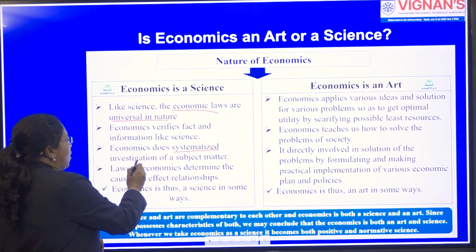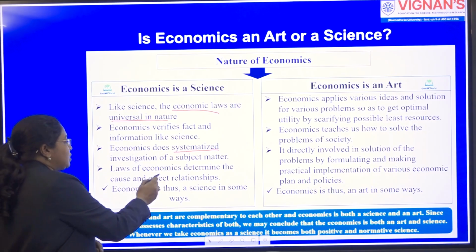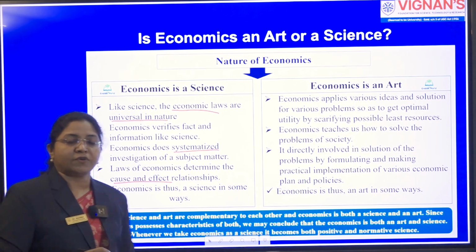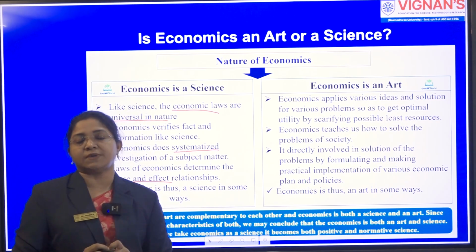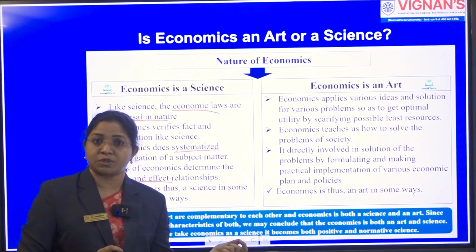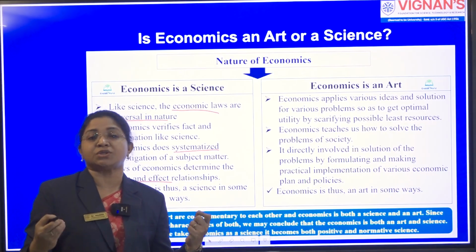Then, economics does a systematic investigation, and the laws of economics determine cause and effect relationships. For example, in physical science we have said that every action has an equal and opposite reaction. So, every action is the cause and the equal and opposite reaction is the effect.